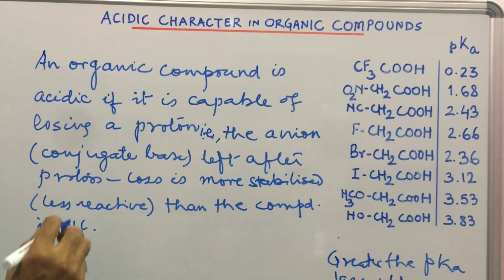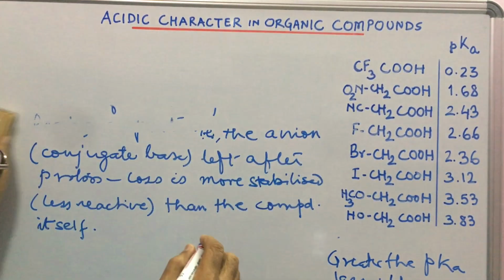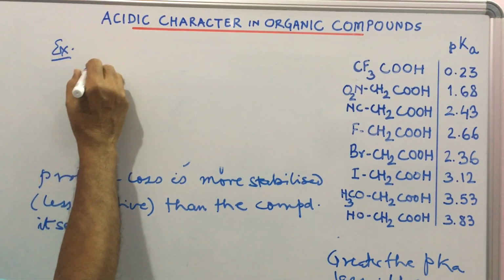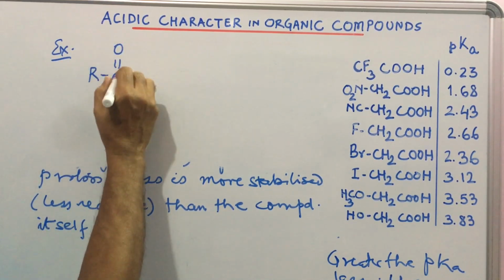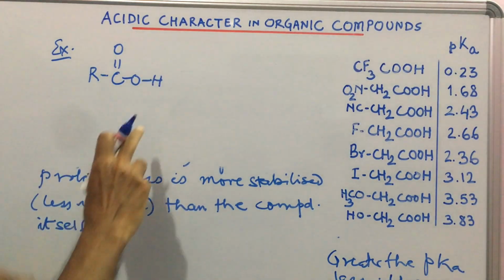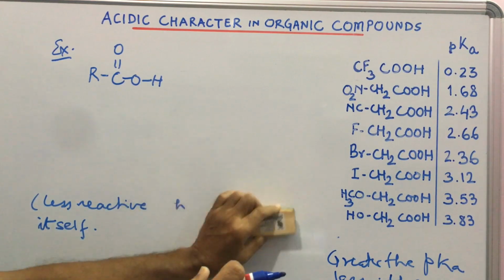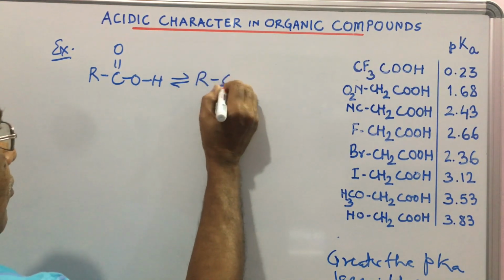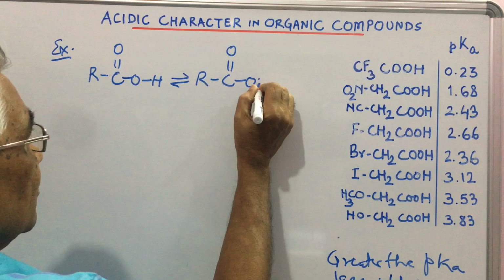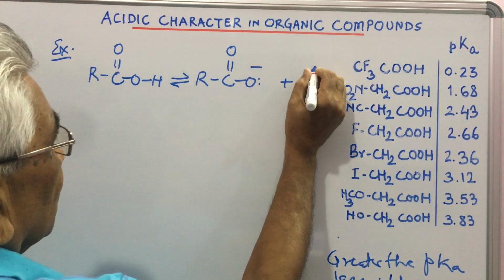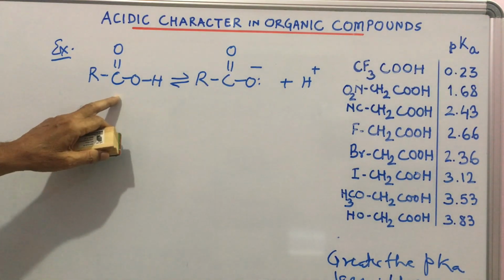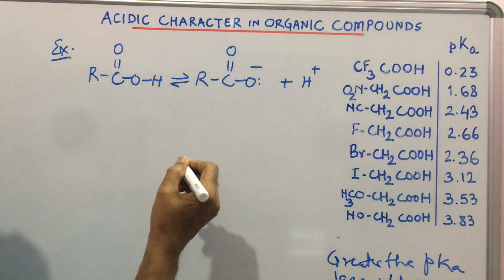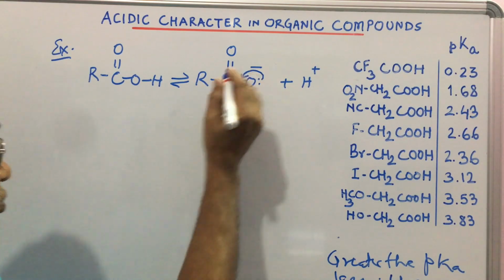For example, if you take RCOOH, this loses a proton only if this conjugate base, if what is there, this will be H3O plus, this conjugate base must be stabilized and more stabilized than this.